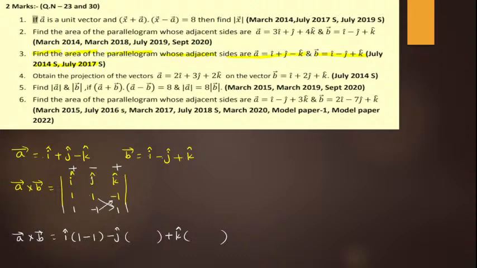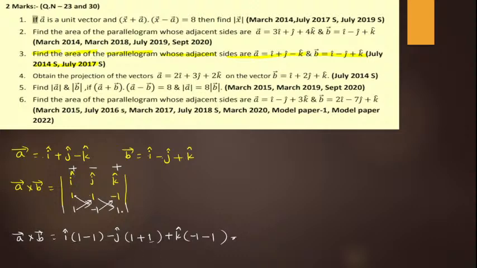This plus of minus will be again minus, so simply write 1. Next minus j cap, leave this column, leave this row, multiply the extreme values. So 1 into 1, that is 1, minus 1 into minus 1 will be minus 1, minus of minus will be plus 1. So I will write directly here. Next k cap, leave this column, leave this row, so multiply these two. 1 into minus 1 will be minus 1, minus symbol, and 1 into 1, that will be 1 here.